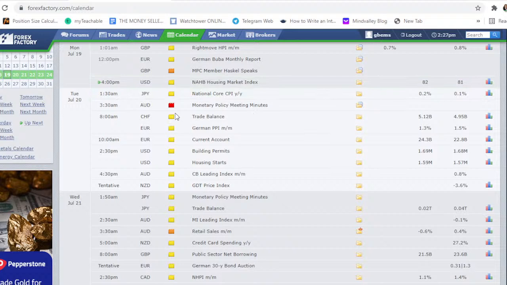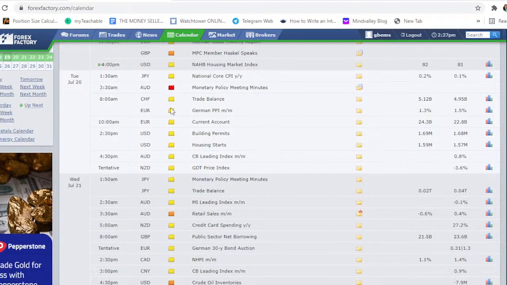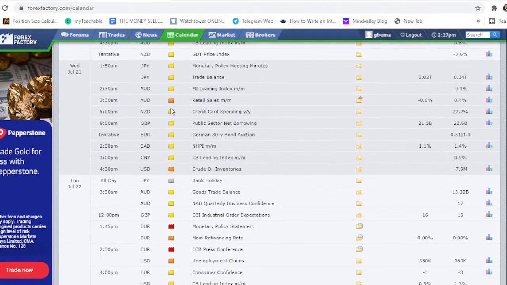For Tuesday, we have high impact news on Aussie dollar, and how about Wednesday? On Wednesday, no high impact news, and then on Thursday we have something for euro.